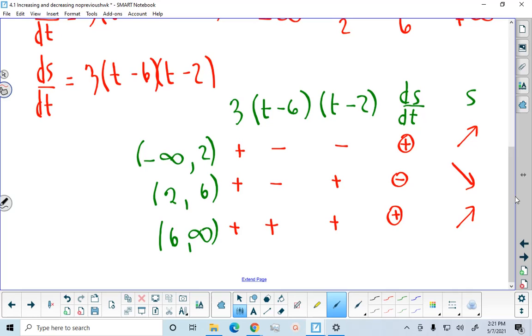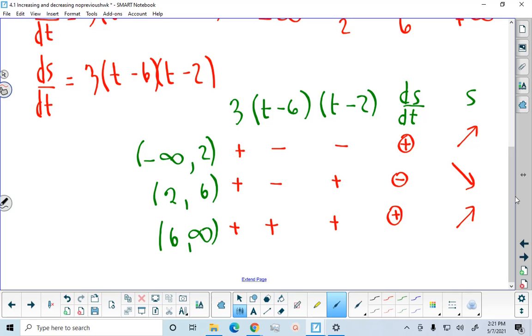I realize that the first couple of examples are fairly straightforward because they're just polynomial functions, and that you could certainly do them using other methods. But the methods we're using here will serve you for any function, whether it's polynomial or not.